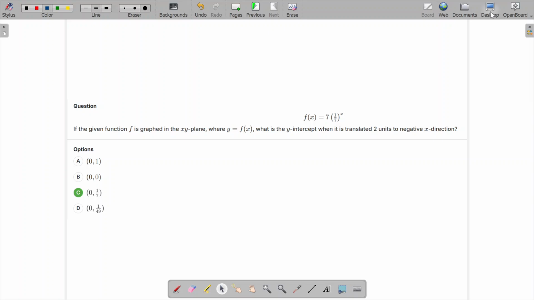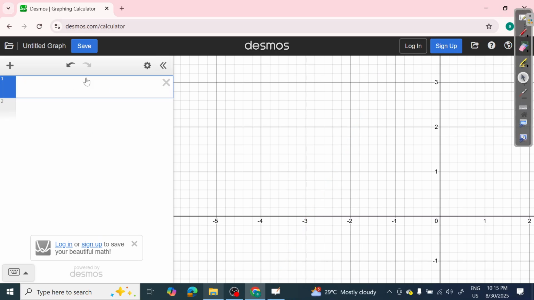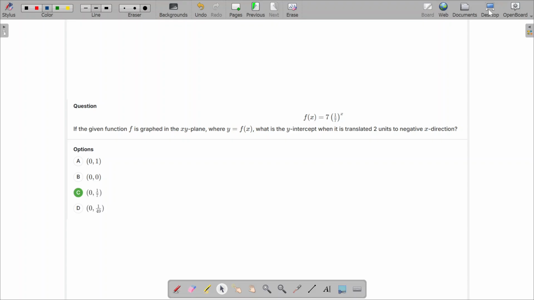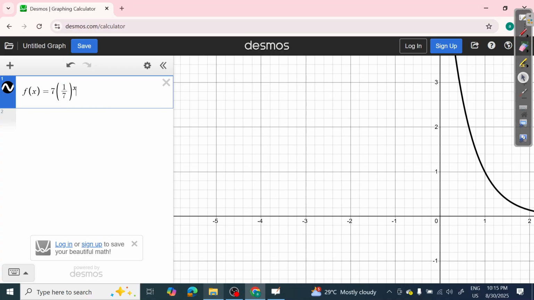So I'll write down the function, raised to the power x. Okay. Now what I have to do, I have to translate 2 units to the left side.